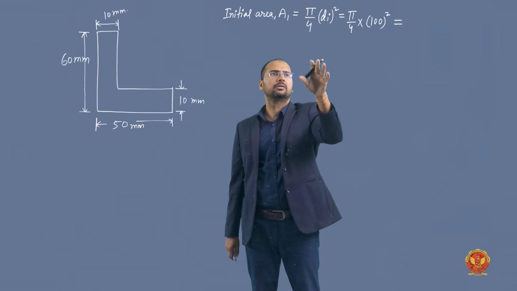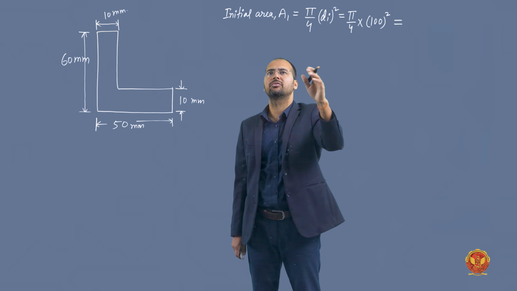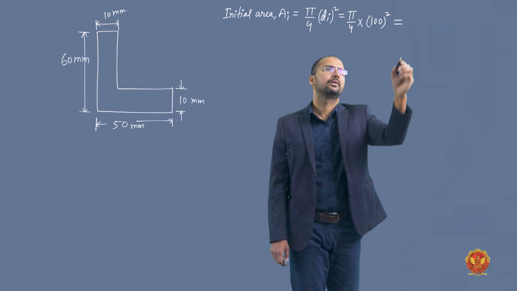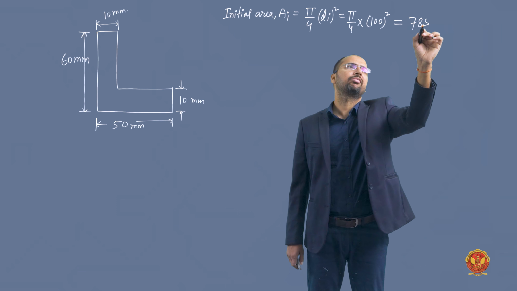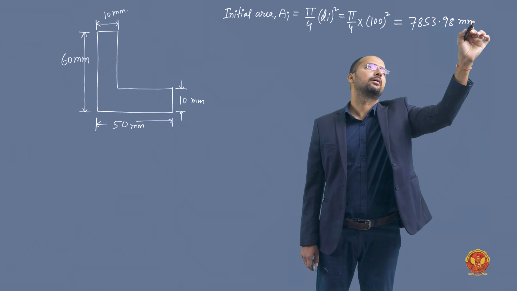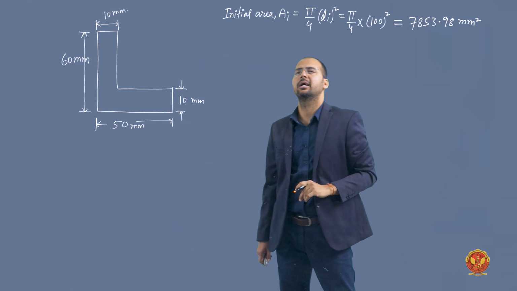After calculating this with the help of a calculator, we will get 7853.98 millimeter square as the initial area.